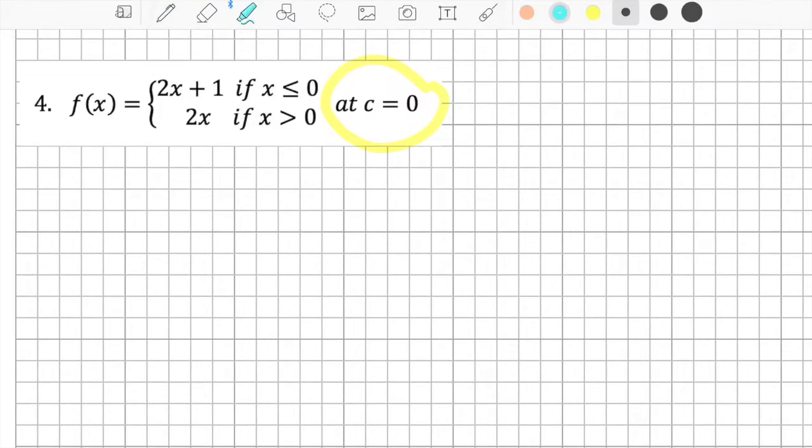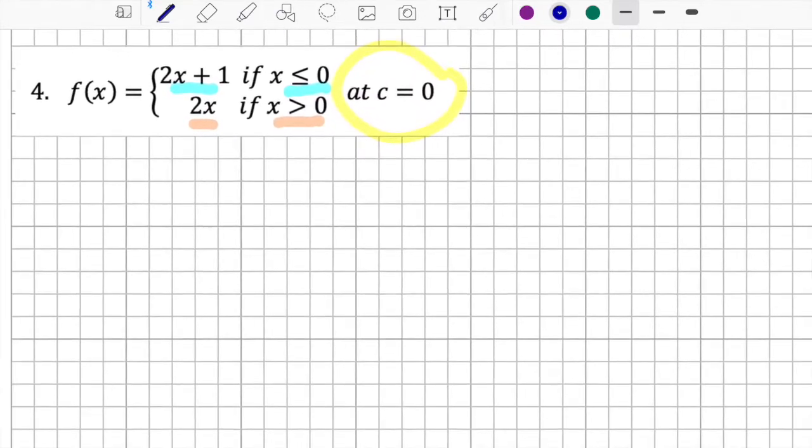So for less than 0, the function is 2x plus 1, but for anything greater than 0, the function is 2x. So we're going to check all 3 conditions from the definition. So the first we want to check is f of c defined, meaning c is 0.